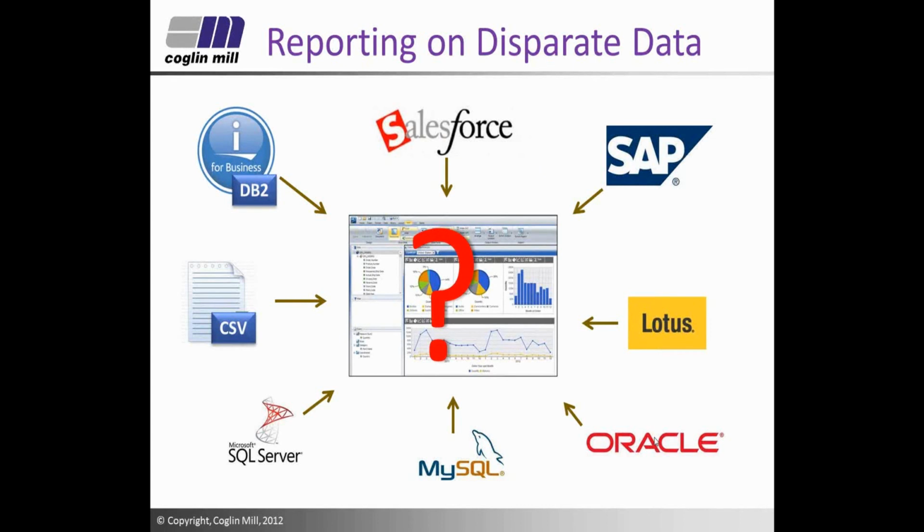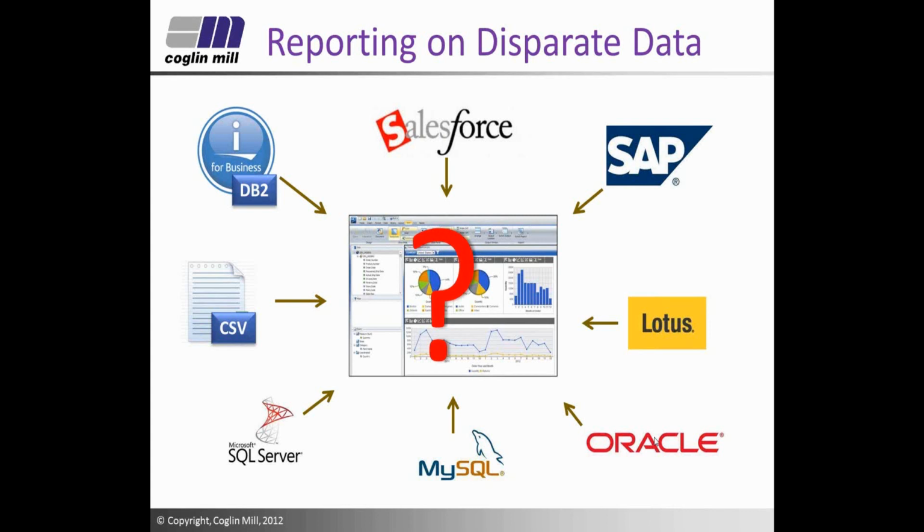So besides the complexity of a single database, what about the complexity of having to deal with multiple different data sources? Fifteen years ago, as an AS400 shop, you probably only ever dealt with AS400 data, but I would guess that for 99% of the people in the audience today, that's not the case.